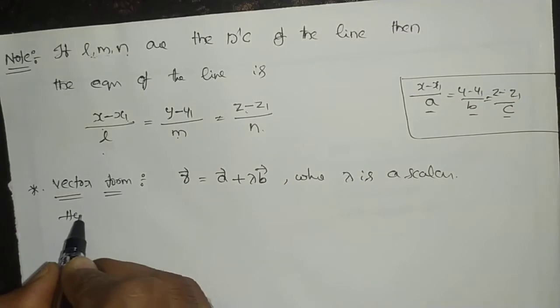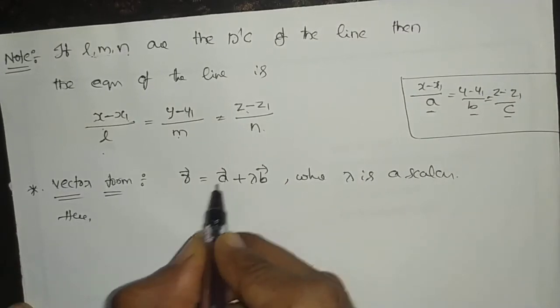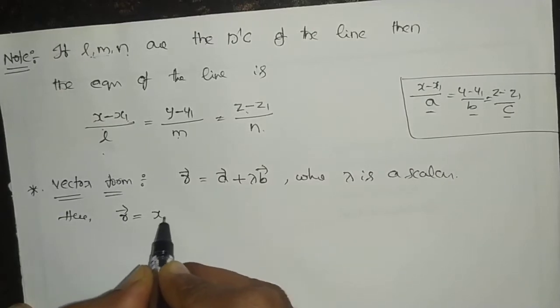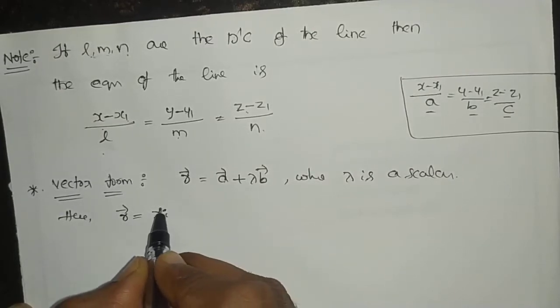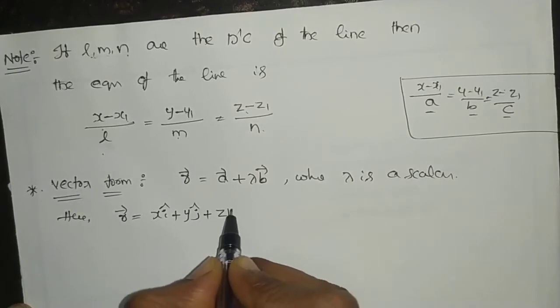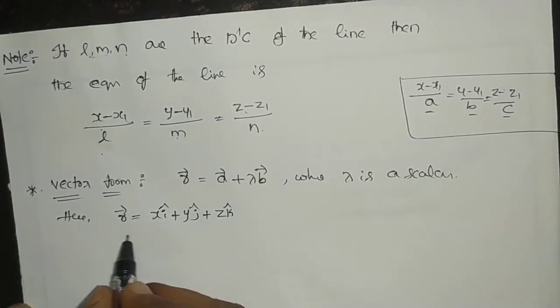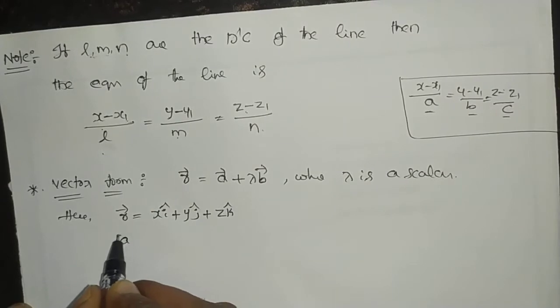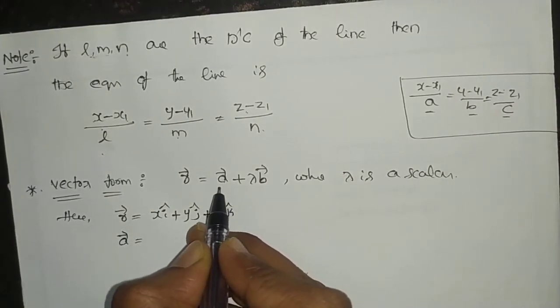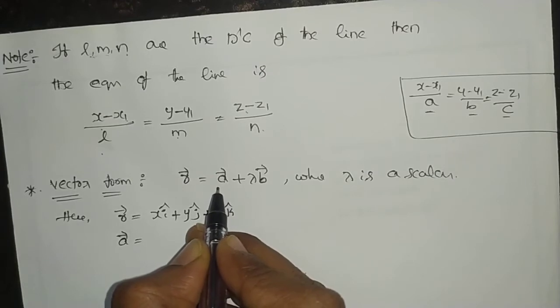Here, r vector is the position vector x i cap plus y j cap plus z k cap. Next, a vector is the position vector of the point A through which the line passes, as I told you in the previous derivation.